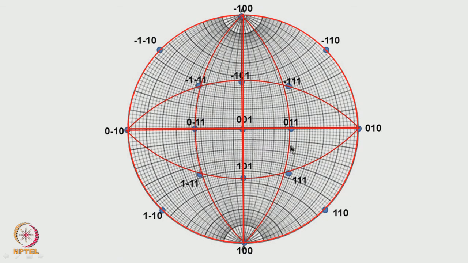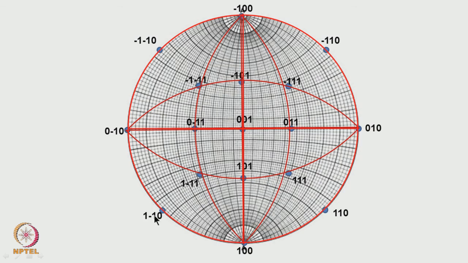Okay. And another example, 1-bar1, if we take it, 90 degrees away from this, the great circle corresponding to this one will be the one which is passing through all these. This is the way it will be passing through this great circle. Okay.